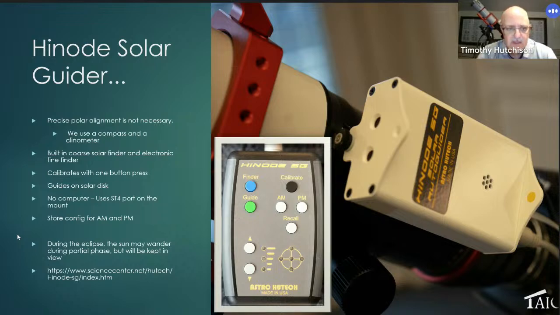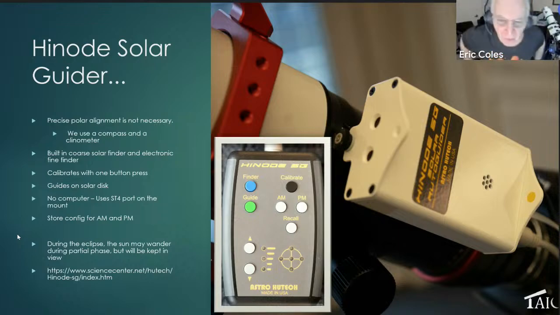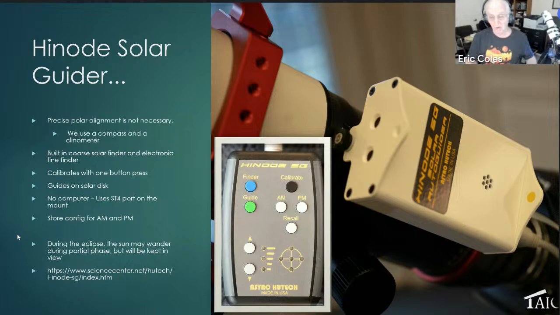Eric, anything you want to add to that? Yeah, before this came out, and I have to give Tim credit, I didn't find this, or if I did, I'd forgotten about it. Before we came up with the Hynode guider solution, you're out there in the sun trying to line your telescope in the center of your frame and hoping that your very coarse calibration when you do your polar alignment is going to stay through the eclipse.